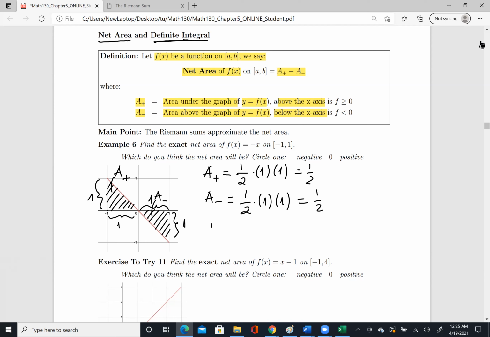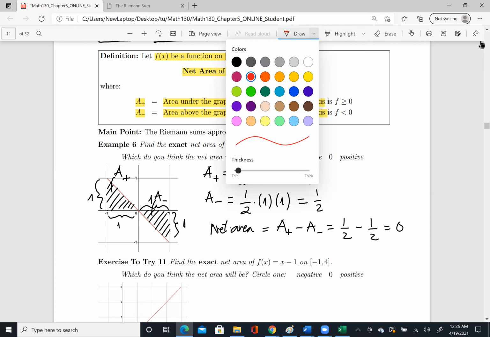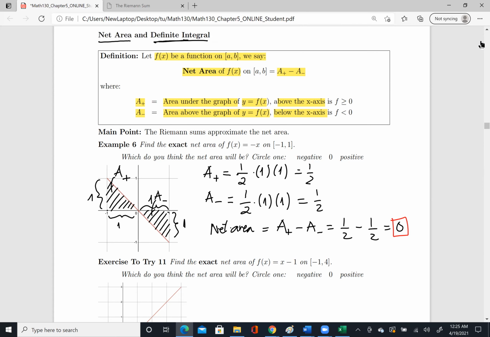So then the net area will be equal to A positive minus A negative, which is 1/2 minus 1/2, equal to 0. That should be the answer for this one if we talk about the net area.